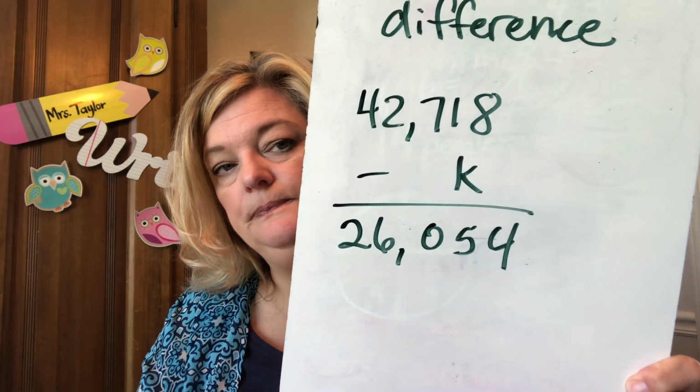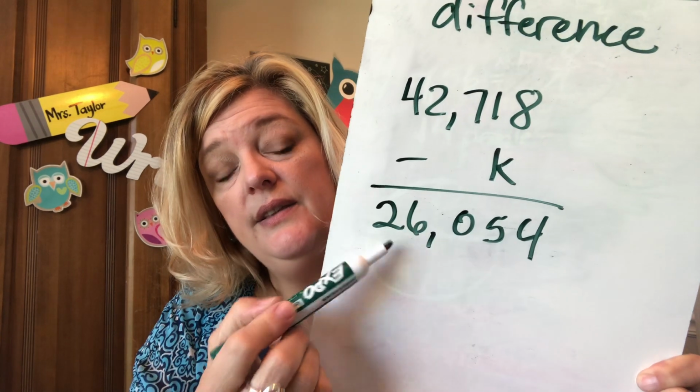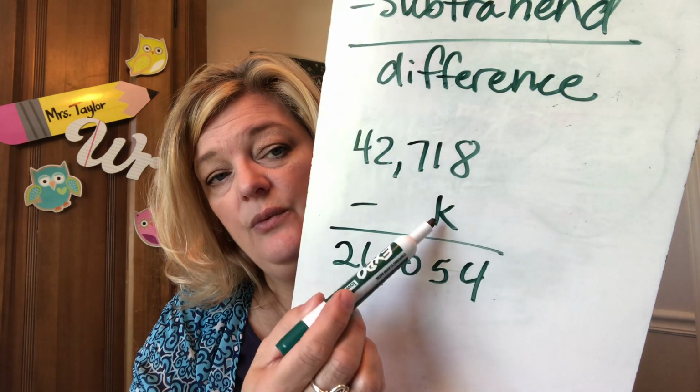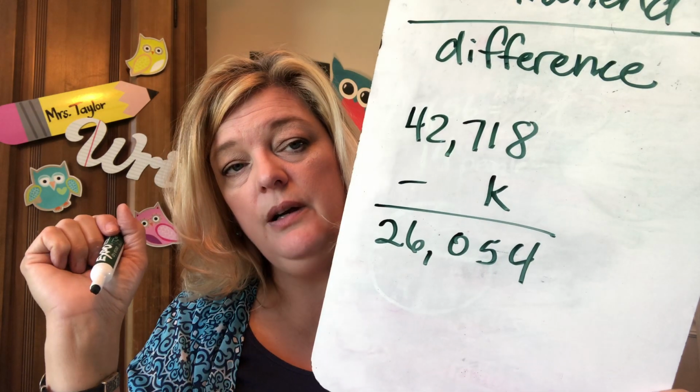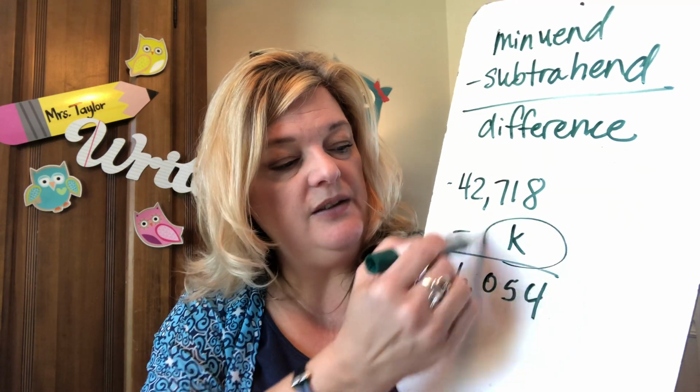So they give us 42,718 minus K is going to equal 26,054. So this is our problem. And what we're going to do is take this number here and subtract it from this number here, and it will give us this number. All right? So take this, subtract that, and that's what K will equal.